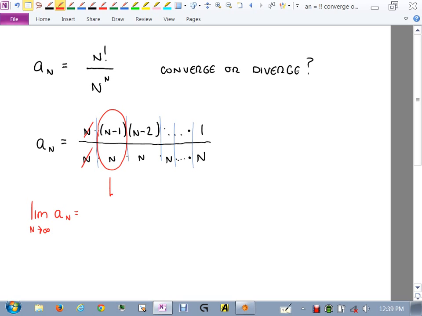So that one should go to 1. What should this one go to? 1. What should this one go to? 1. All of them should go to 1 except the last one. It's going to go to what? 0. So the answer's 0.